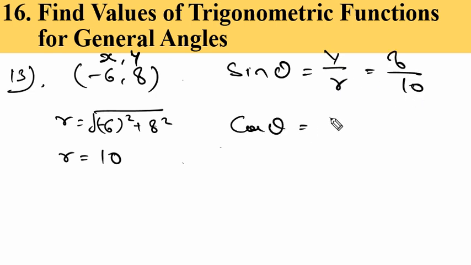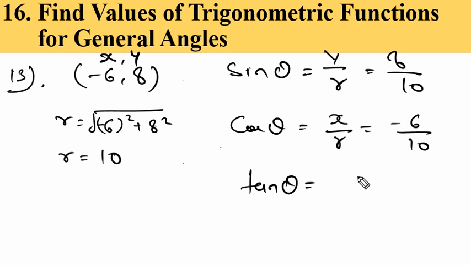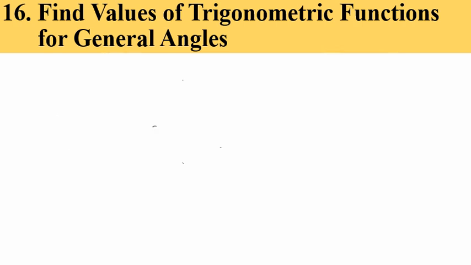Cos theta is x over r, negative 6 over 10. Tan theta is y over x, and that will give you 8 over negative 6. So that's how you will find the values of trigonometric functions for general angles.